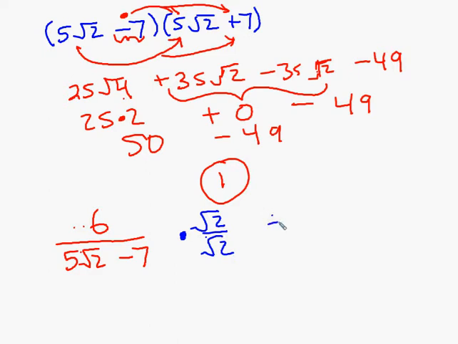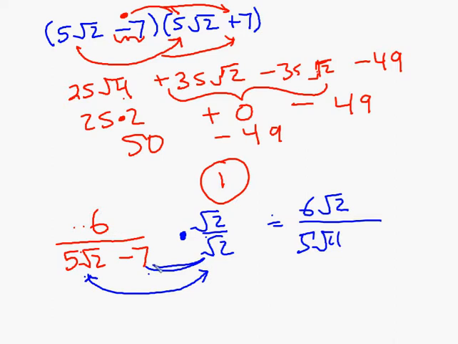But if I do that, I get 6 root 2 at the top, and at the bottom that takes care of this part: I get 5 root 4. But now I have minus 7 root 2, and I haven't actually taken care of it. I've just made it even worse. Root 4 is 2, so I get 10 minus 7 root 2.